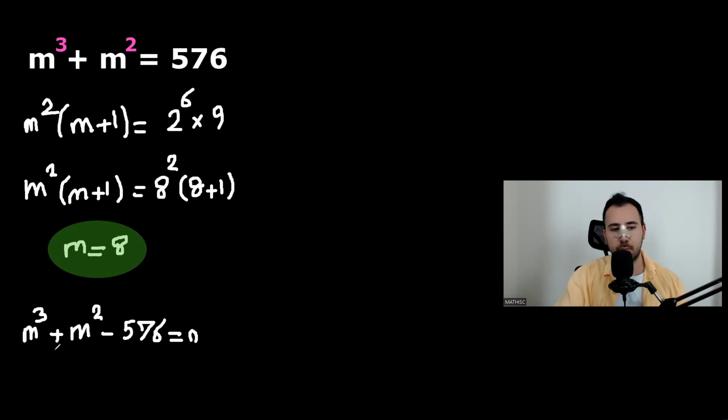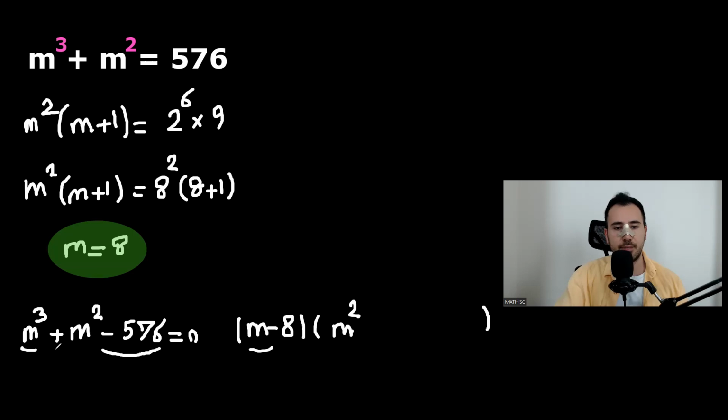For that reason, we could write the same equation as, okay, m minus 8, okay, multiplied by a quadratic equation. So to find this term, we know that this term m cubed is made by multiplying this m by this m cubed, okay?